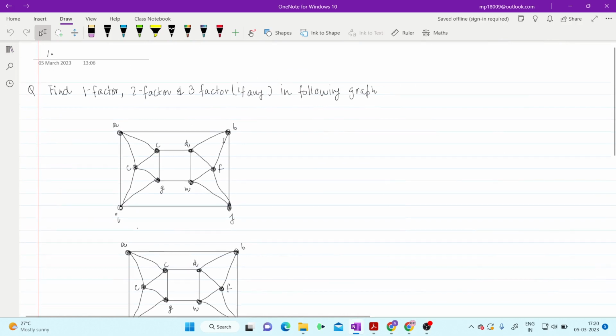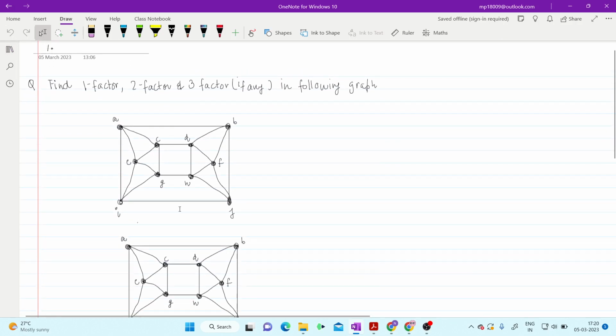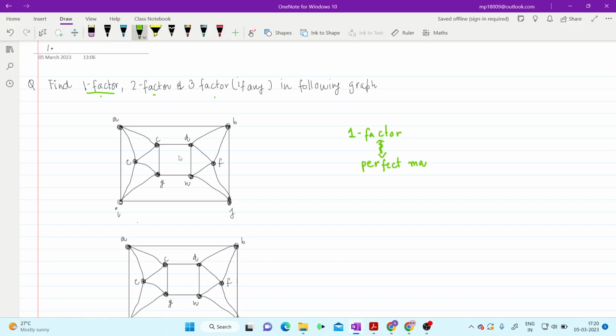Now we have this graph, and in this graph we'll see again what these factors mean. The first question is, we have to find a one factor, a two factor and a three factor in this graph, if they exist.